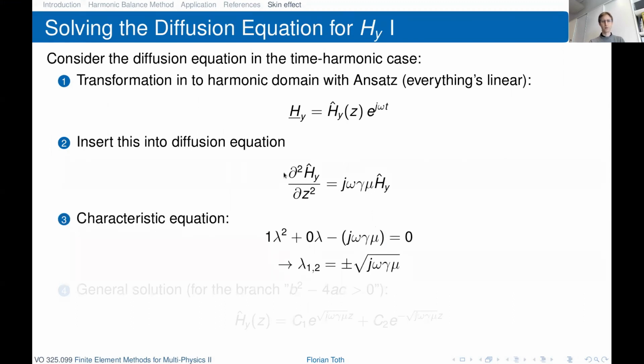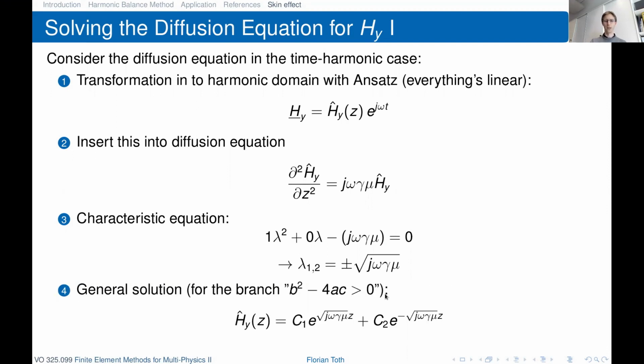And for this equation, an ordinary differential equation, we have to solve the characteristic equation. So we can get the two roots of the characteristic equation and plug them into the general solution for this differential equation, which is simply given by the exponential functions with the roots in the exponent.